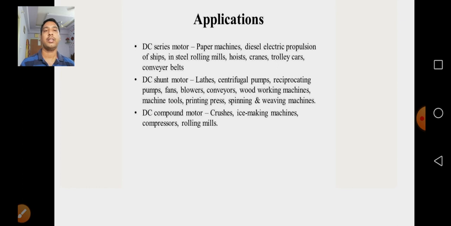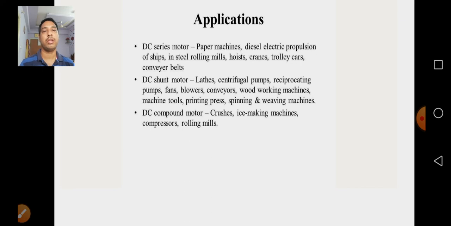And finally the compound motors: mainly crushers, ice making machines, compressors, and rolling mills. Compound means both the shunt field and series field windings are there, so we can use it for a mixture of shunt and series applications.